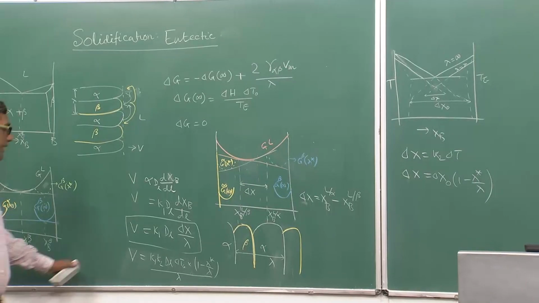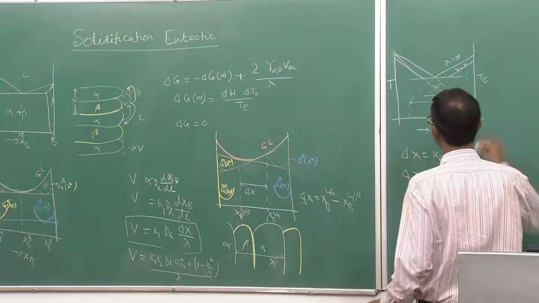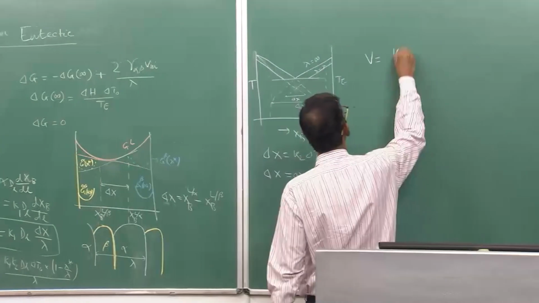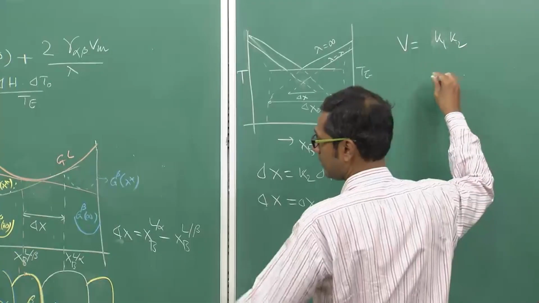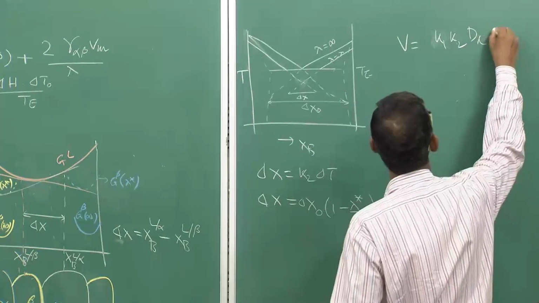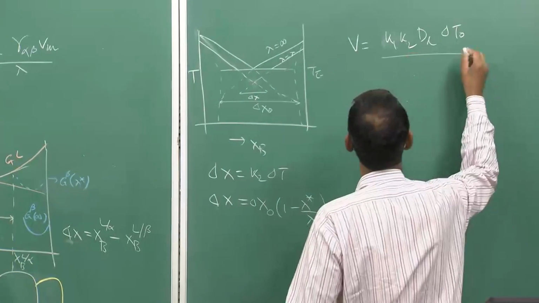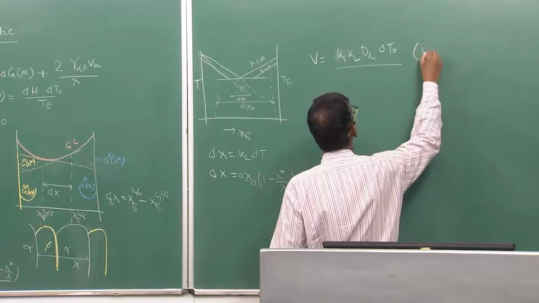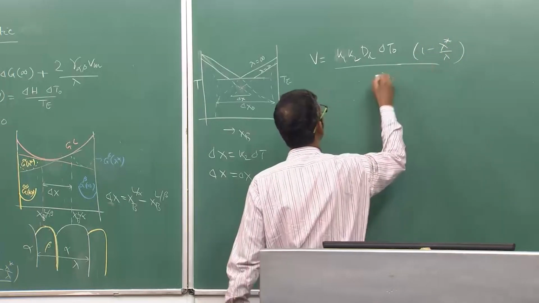Now we can actually do the math properly. If I take the equation from here to there, V is equal to K1 K2 D_l delta T 0 times 1 minus lambda star by lambda, divided by lambda.